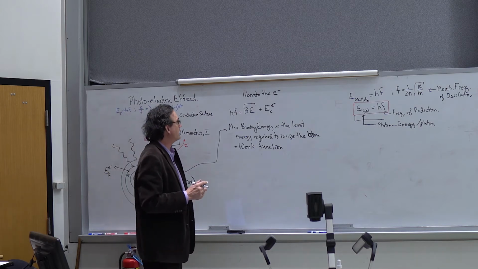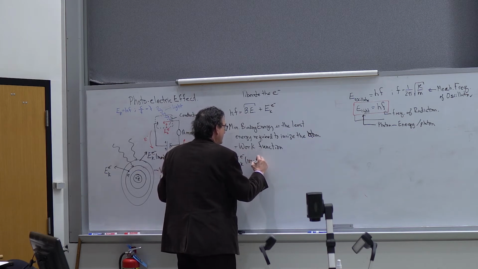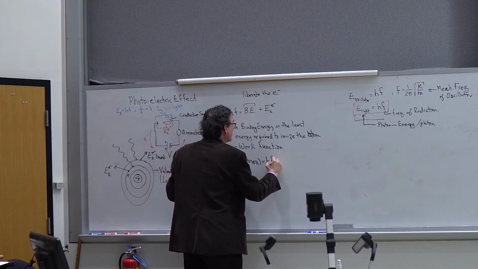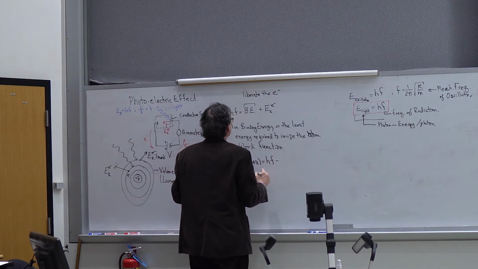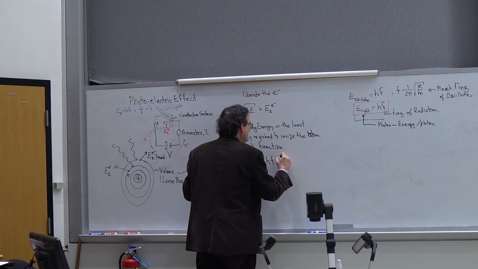So I can rewrite this and say that the maximum kinetic energy that's acquired by the electron is equal to h times the frequency minus the binding energy, or in this case, the work function, which we call W.